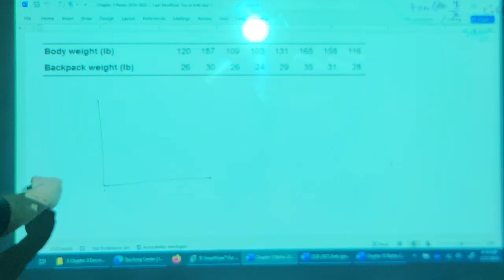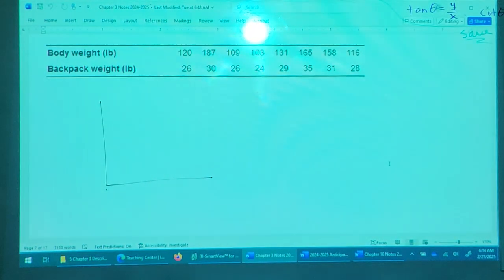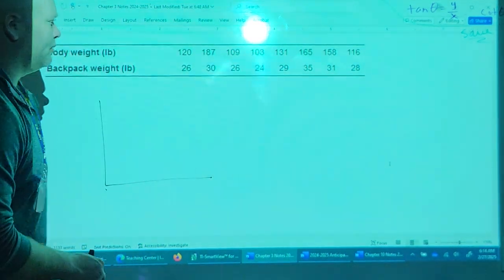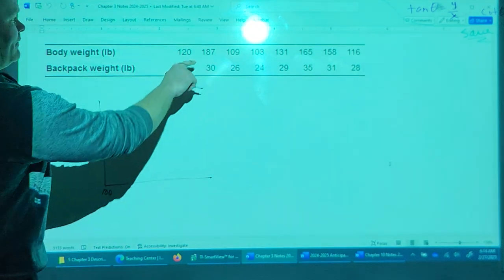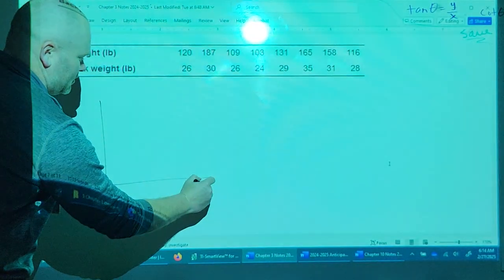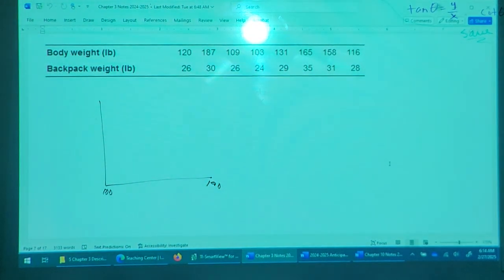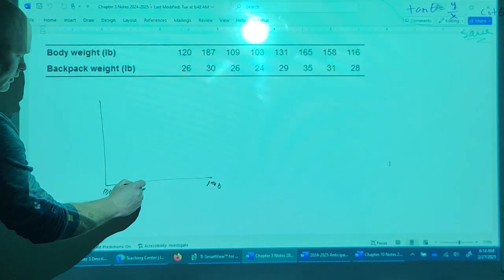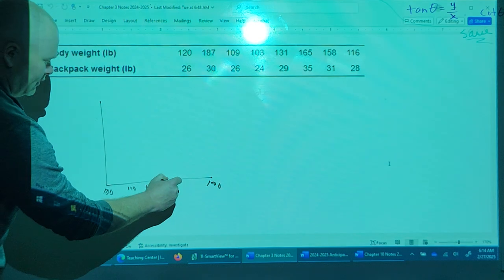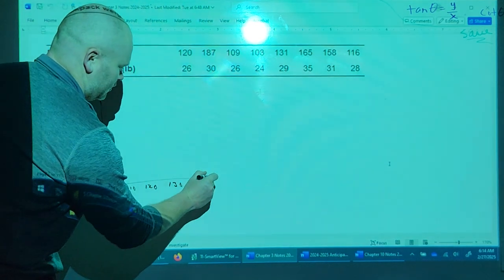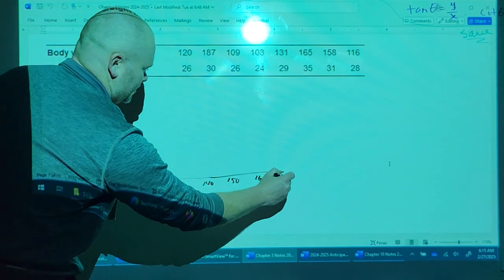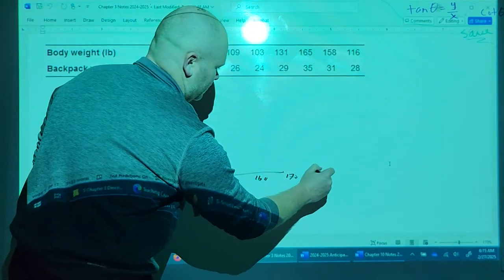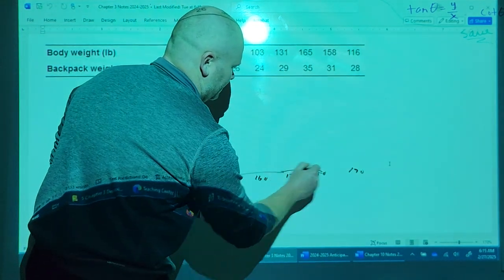For the x-axis, you can start at different values. Because the lowest value is 103, we might start at 100. The highest value is 187, so we might go up to 190, and then section it off however you want. I might go by tens: 100, 110, 120, up through 180, 190.